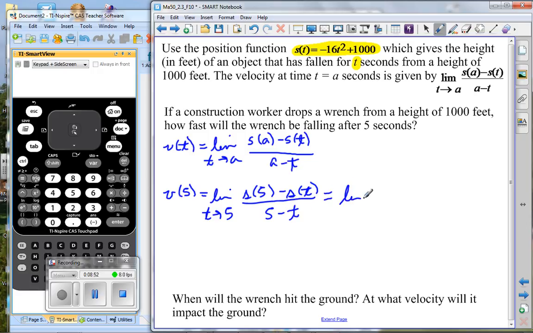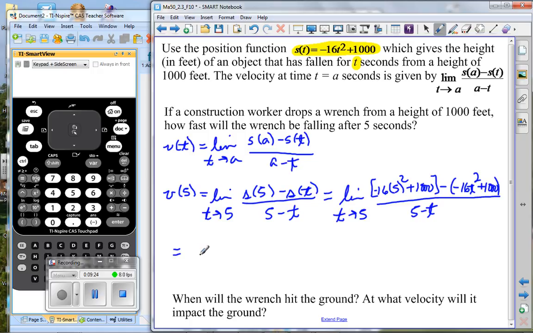That's the limit as t approaches 5. And if we put 5 into this, we're going to have negative 16 times 5 squared plus 1,000 minus negative 16t squared plus 1,000, all of that divided by 5 minus t.